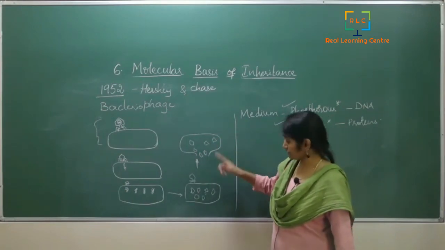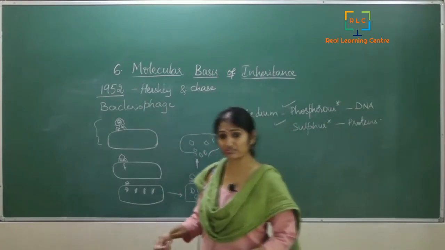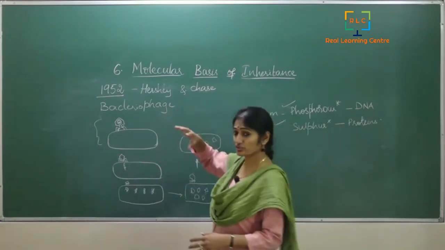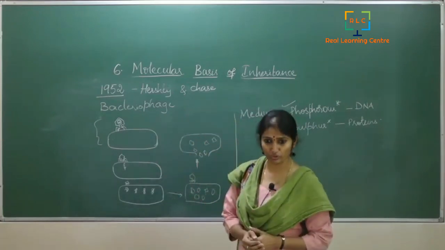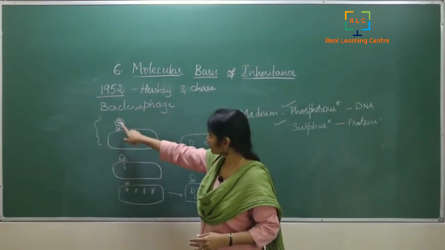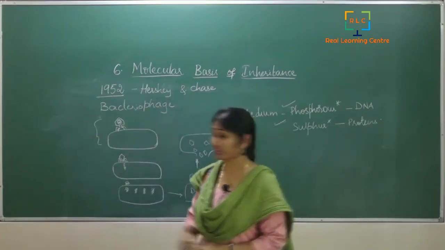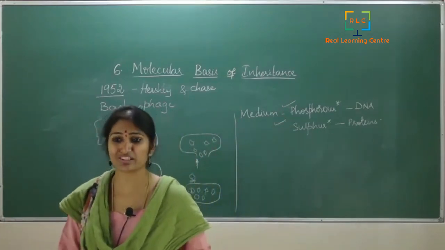In fact, once they infected, they did a centrifuge, right? Now, when they centrifuge, the heavier particles will go down and the lighter will float, right? Now, the supernatant, they took that and they checked whether it has any phosphorus present. No, it did not have any phosphorus, but there was sulfur detected.